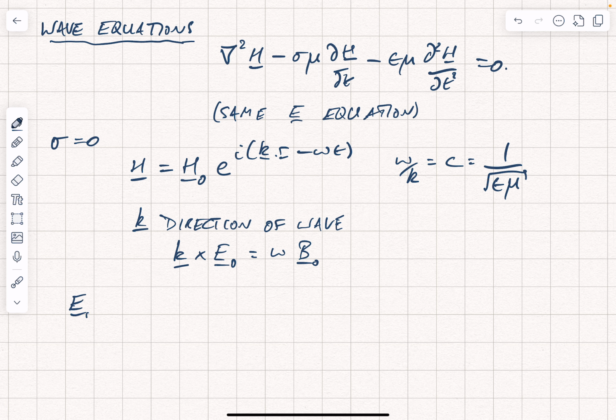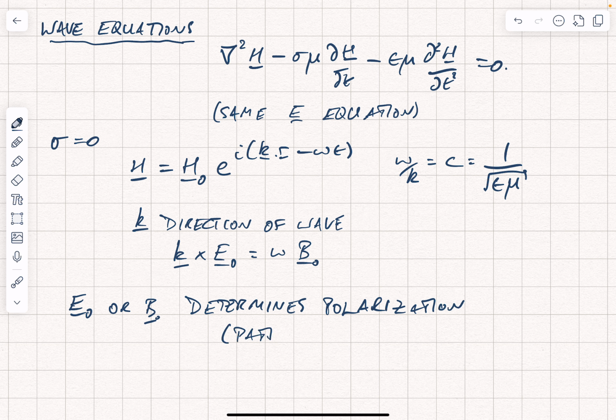The prefactor, the vector E0 or B0 or H0, whatever you want, determines not only the amplitude, obviously, but it also determines the polarization of the wave. And in this case, it's the path of the tip of the field vector over time.